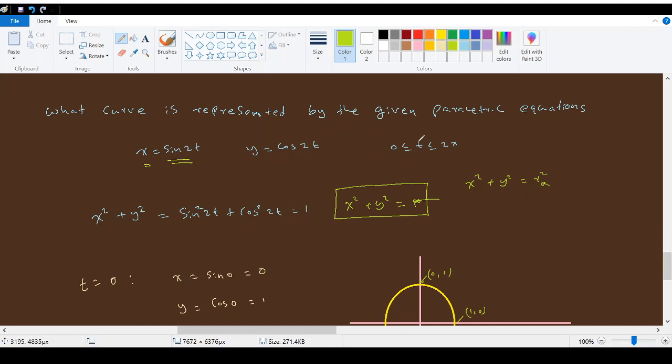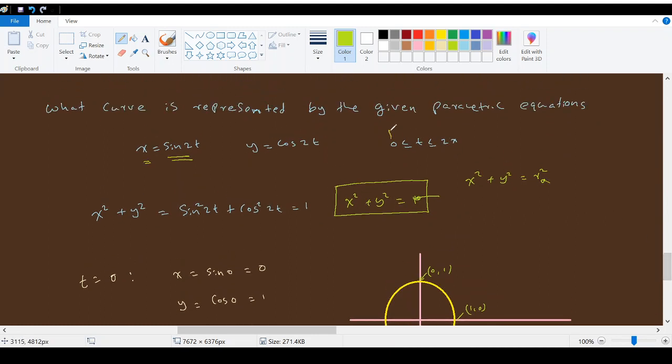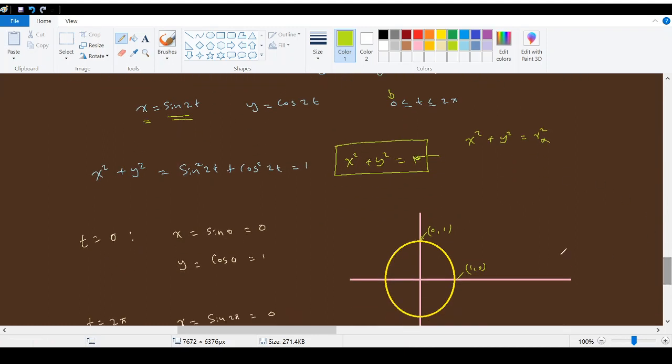And also there is another difference. Now to get the initial point, we need to substitute this starting value of t. So accordingly, the starting coordinate of x will be 0 and y will be 1.